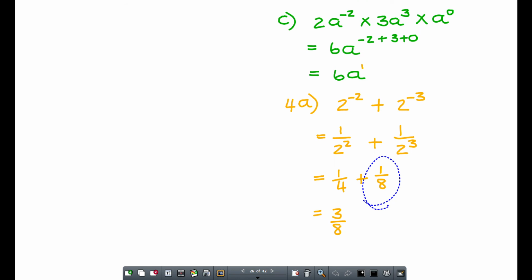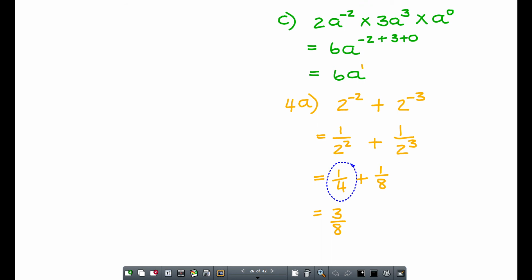Okay, I'm going to tell you now. Up until here, you had to show me all your steps. But once I get there, then you can actually use your calculator and get to this. How I got 3 over 8 is this: 1 over 4, I had to make that denominator 8 as well.